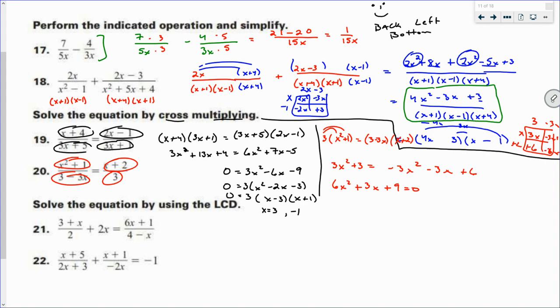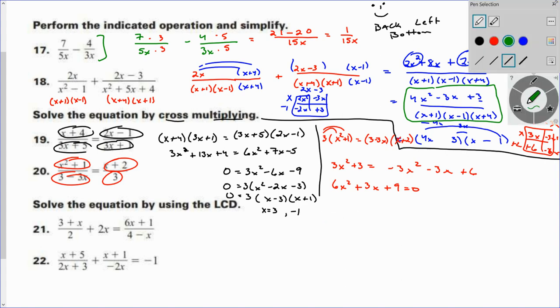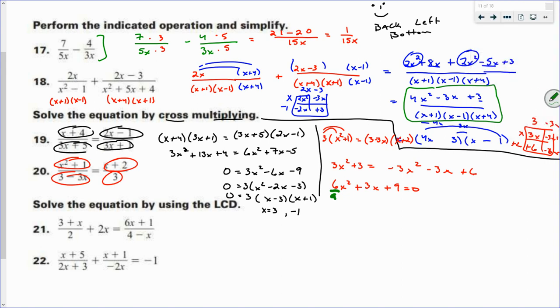My answers must be irrational. So now that's A, B, C, and then we're going to use the quadratic formula. So negative B plus or minus the square root of B squared minus 4AC all over 2A.